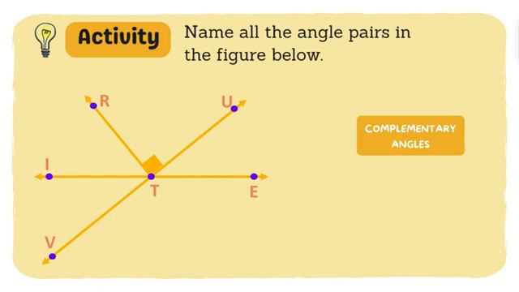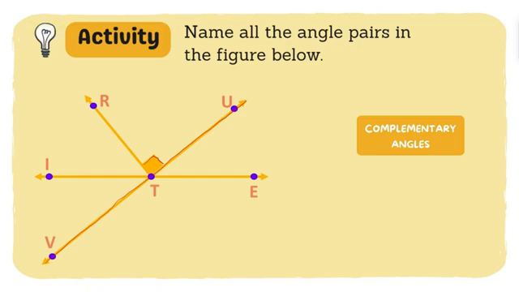Next one, we have the complementary angles. Alin sa mga ito ang complementary angles? Okay, as you can see, iisa lang naman ang 90 degrees dito. We only have angle RTU. Ito lang po. Now, if this is 90 degrees, at makikita natin na meron tayong straight line, so we have this line here.